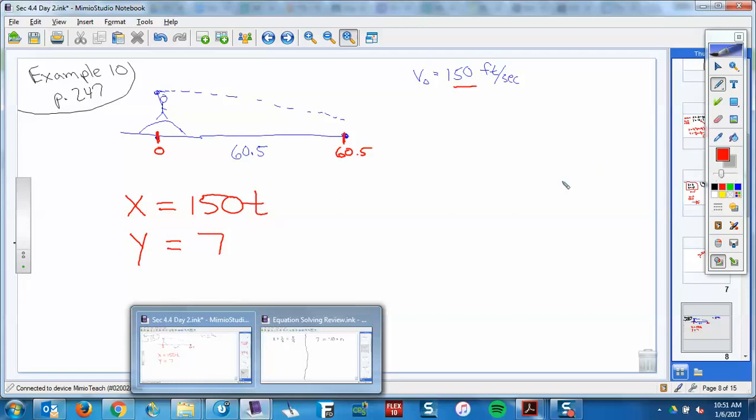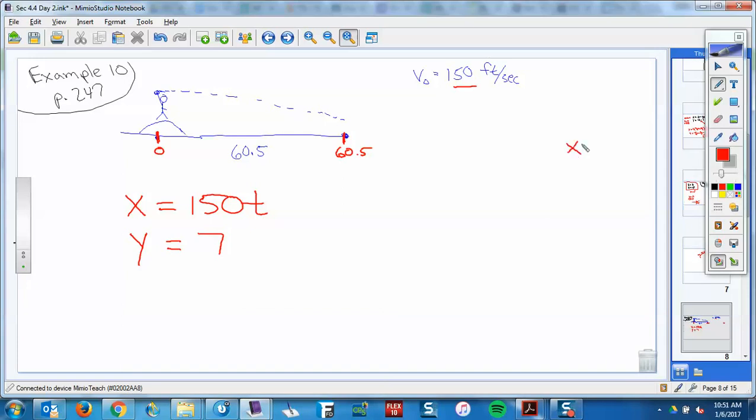So maybe I should do that first. Actually, don't write this down, don't worry about it. The ball's going to start with 0 vertical velocity, because it's only going horizontal. So y prime is going to start off at 0, but then it's going to lose 32 feet per second every second.